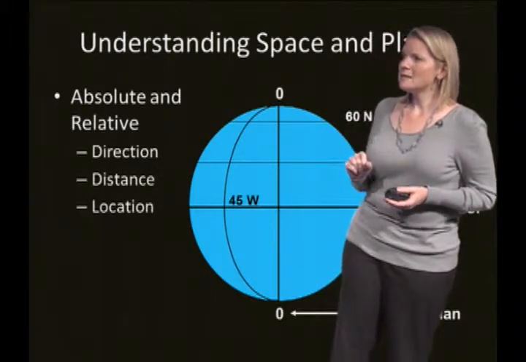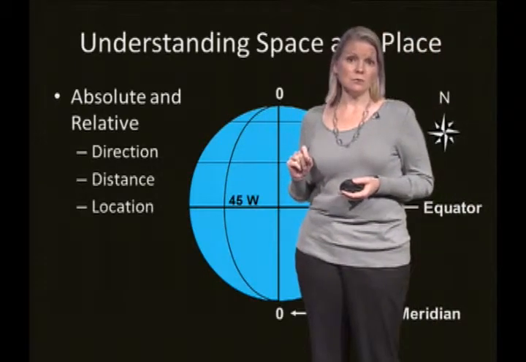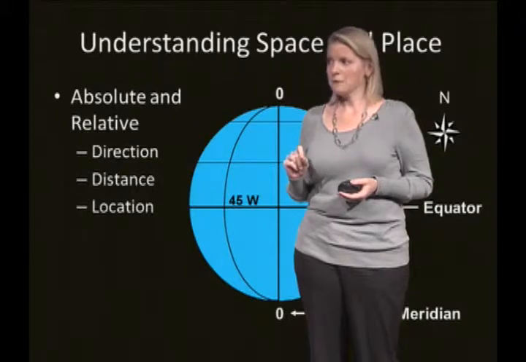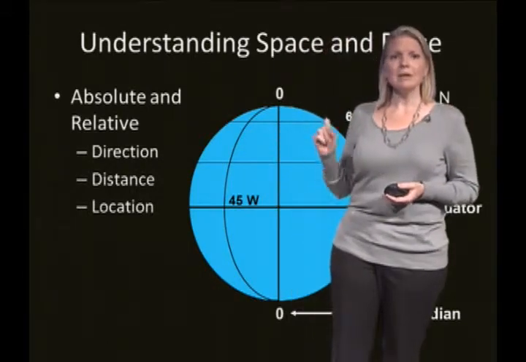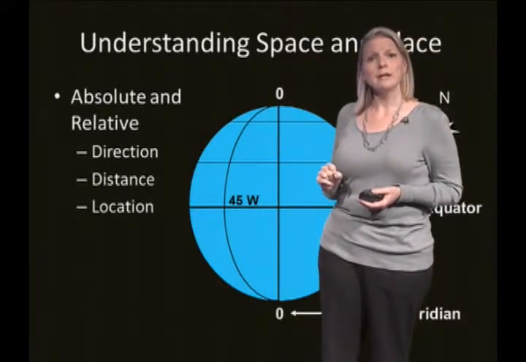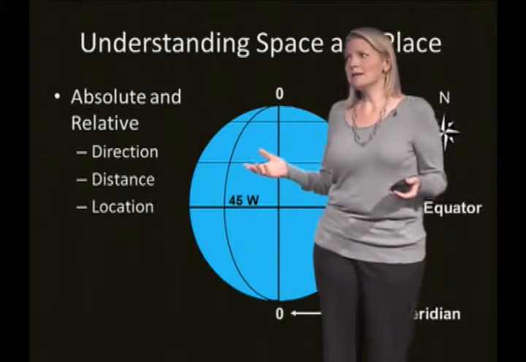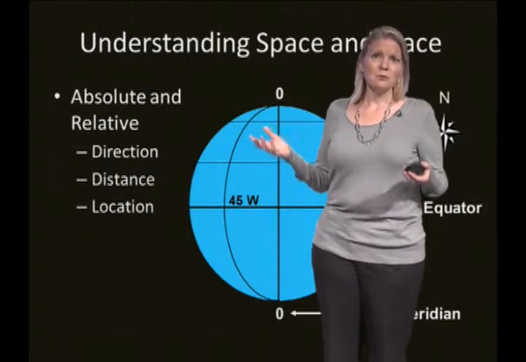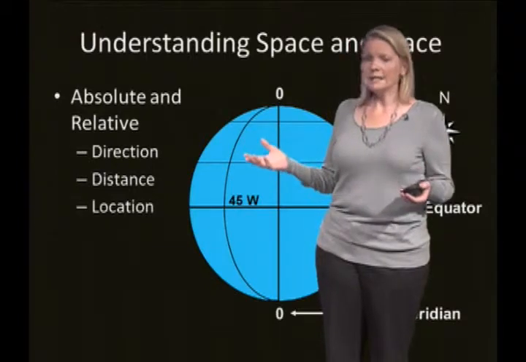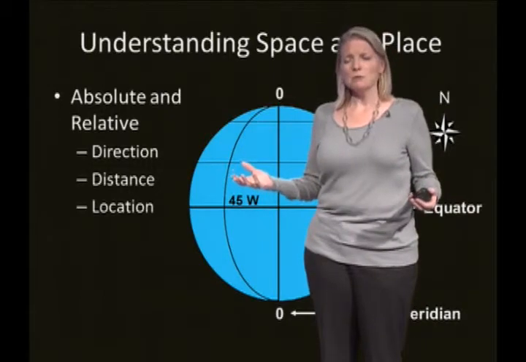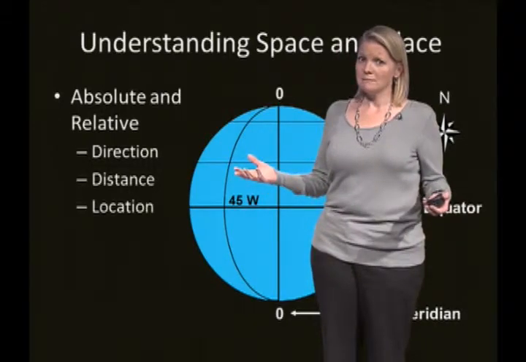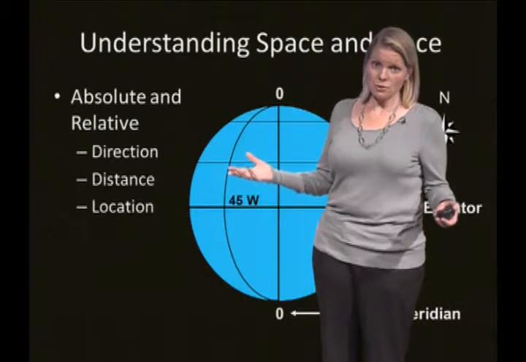Along those same lines, relative location is also crucial to understanding how geography and hunger work. Relative location is not based on mathematics, but rather it's location relative to some other place. In this case, we could say it's next to, by, beyond, right? What's my relative location? Well, I could give you my address, 200 Main Street.